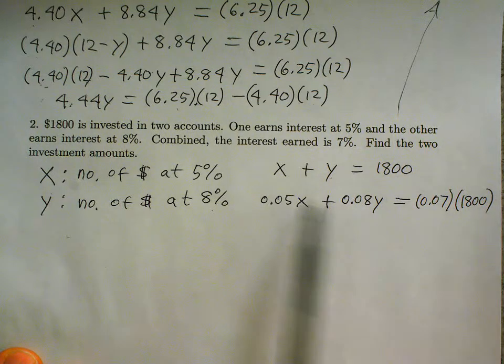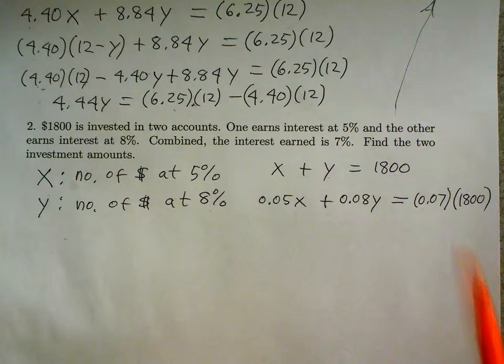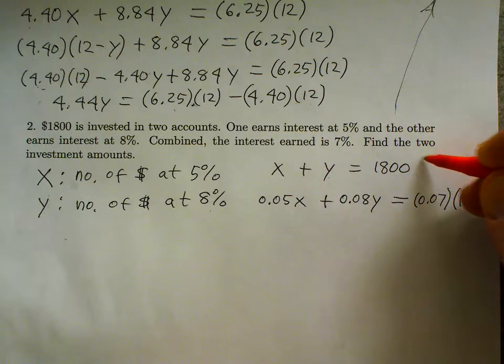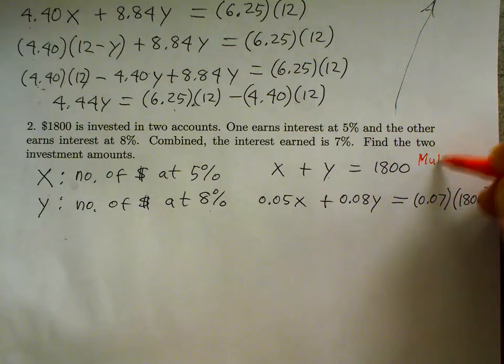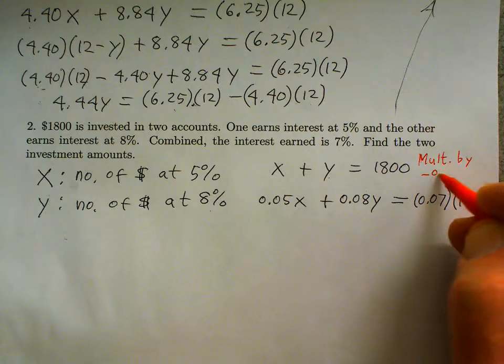So let's use the addition method this time. I'm going to multiply both sides of the top equation by negative 0.05.